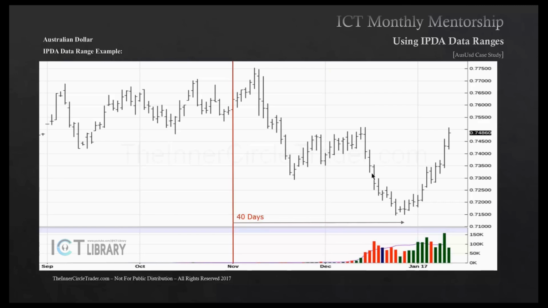Yes, we moved about 150 pips or so below that, but we came to a level of 71.50. That's not random. 71.50 is a significant level. It's a mid-figure level, and it's happening at a time when inside of 40 days, the IPDA data range is going to be looking to do something. It has to do something.